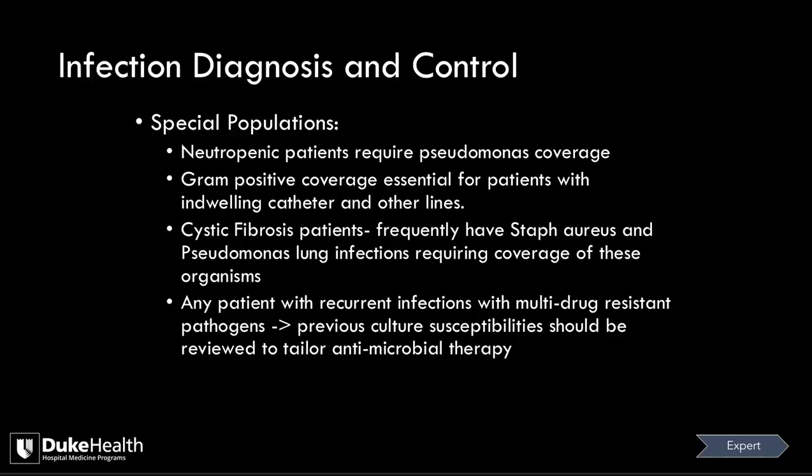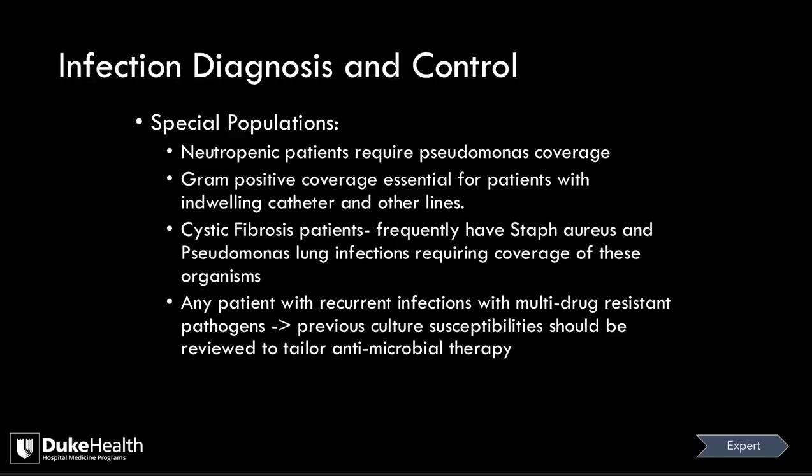There are a certain number of special populations to consider that have infections more commonly of certain kinds. So, for instance, neutropenic patients oftentimes will require aggressive pseudomonal coverage. Most patients that have an indwelling port or a PICC line or something of that nature will require gram-positive coverage, specifically MRSA.